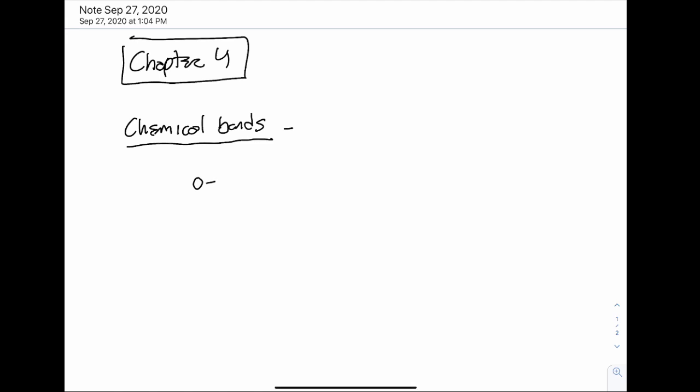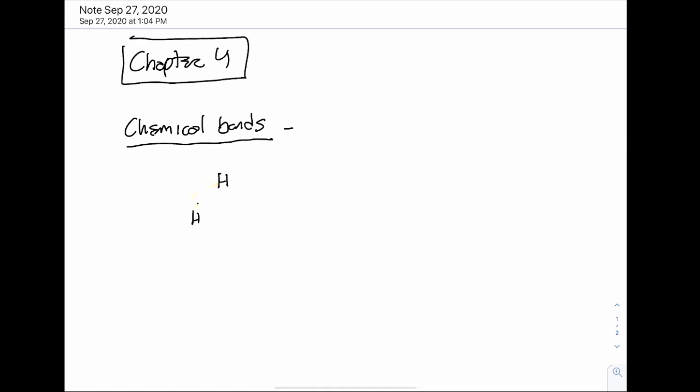And in water, I actually have a connection between oxygen and hydrogen, and then that same oxygen and another hydrogen. And these lines that are representing the connection between oxygen and hydrogen are chemical bonds.